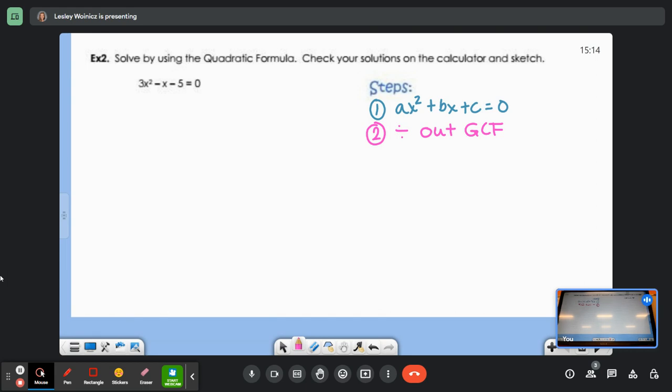And we're going to be simplifying and doing all kinds of stuff. Don't make more work for yourself. Just divide out the GCF, because you have to divide it out for factoring and for completing the square anyway. Just make that what you do no matter what. Less to remember. Okay, do we have a GCF to divide out? No, we do not. So the next thing we're going to do is find the A, B, and C and plug them in.